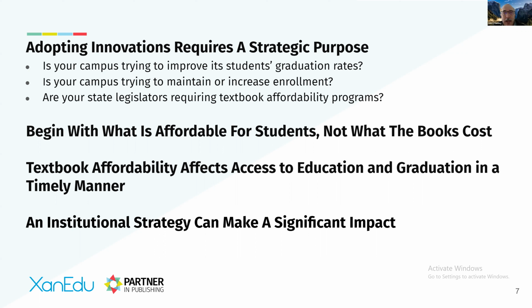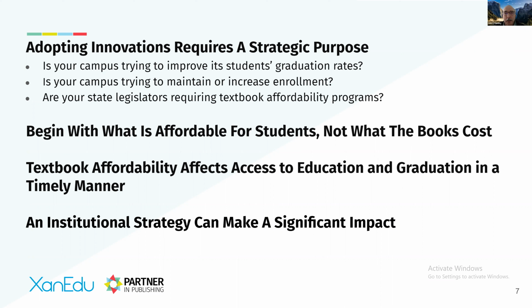It can be more attractive. And many of our state legislators, and I think the latest count is in the high 30s, are requiring institutions to have textbook affordability programs. So, thinking about all these different priorities that already exist, how do you get on the coattails and ride that priority and help that priority be achieved?